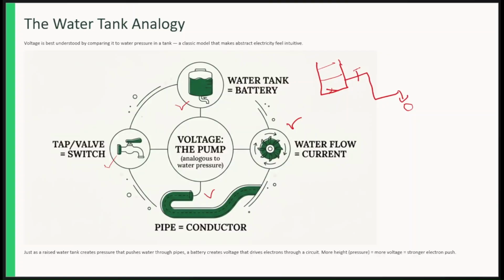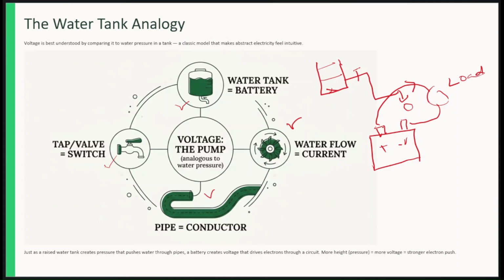For example, now let us consider the battery again. The battery has two terminals, positive and negative, and the current flows from positive to negative as per our conventional theory. So it flows like this.